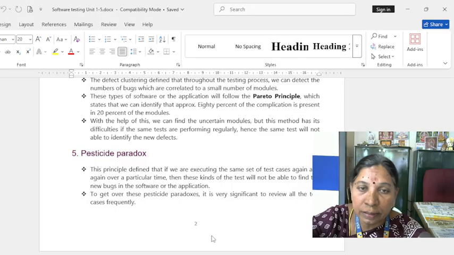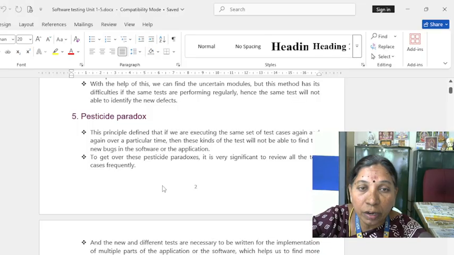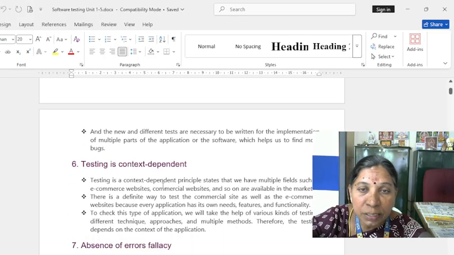Different sets of test cases are needed to test the software. Okay, the next important thing is, to get over the pesticide paradox, it is very significant to review all the test cases frequently. And then the last point is, new and different tests are necessary to be written for the implementation of multiple parts of the application or the software. It helps us to find more bugs.